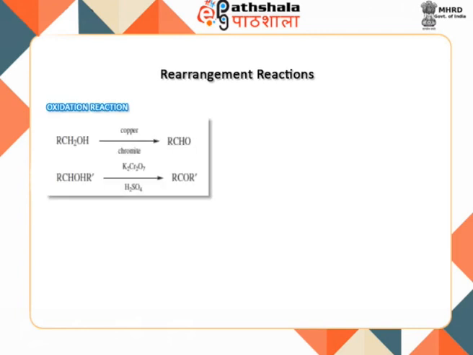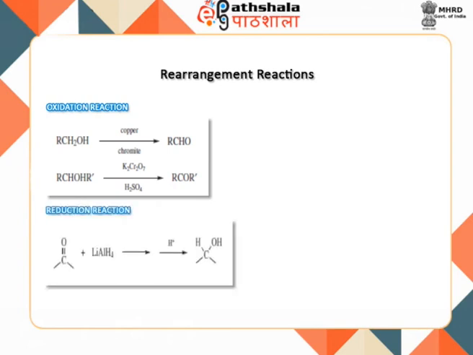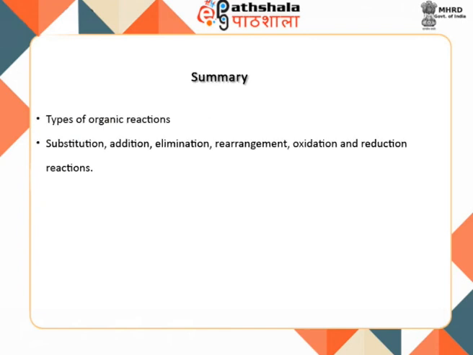For example, conversion of an alcohol to an aldehyde or ketone is an oxidation reaction, while the reverse will be reduction. In this module, you have learnt about the different types of organic reactions and their examples. The main types of organic reactions are substitution, addition, elimination, rearrangement, oxidation, and reduction reactions.